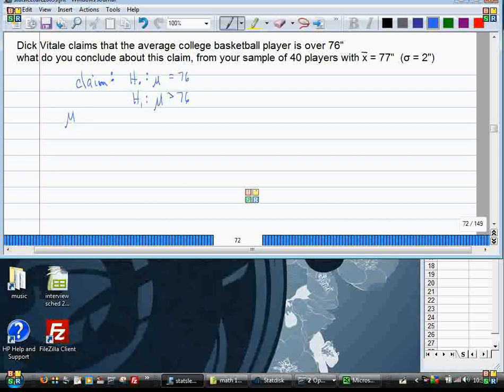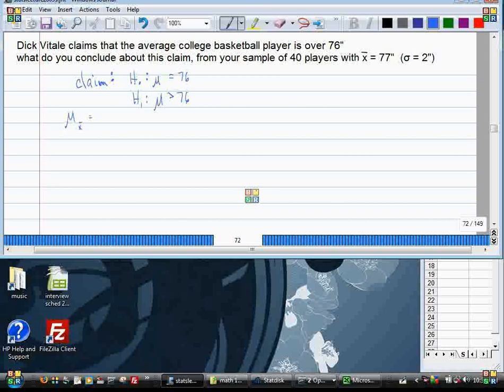You said mu for p hat. Is this question about p hat? P assumes we're talking about proportions. Mu for x bar. This problem is about x bar. Okay. So mu for x bar. What is mu for x bar in this problem?